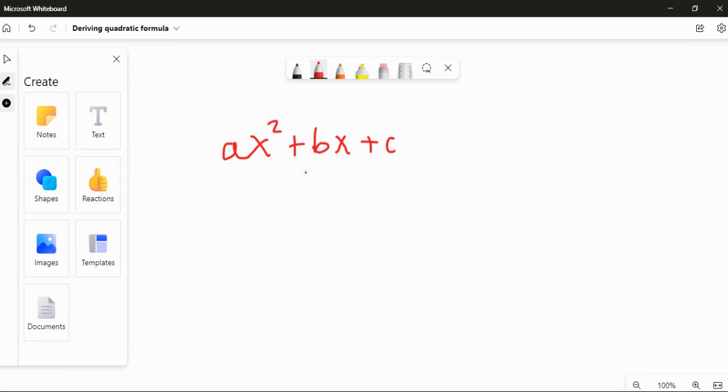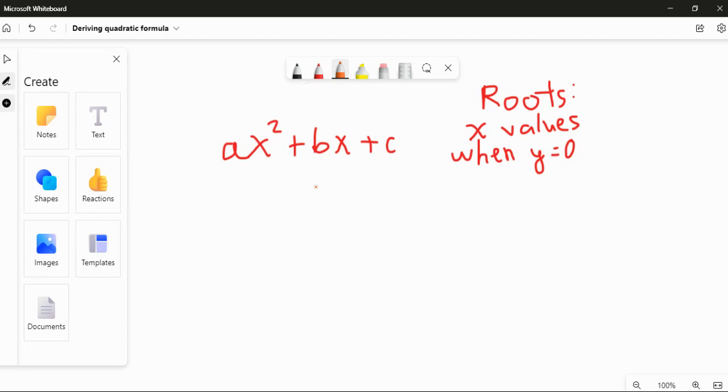The roots of the equation, which I'm pretty sure you should know, are the x values when y is equal to 0. We can find them using the quadratic formula, or you can factor it if possible. But if not, you have to use the quadratic formula.